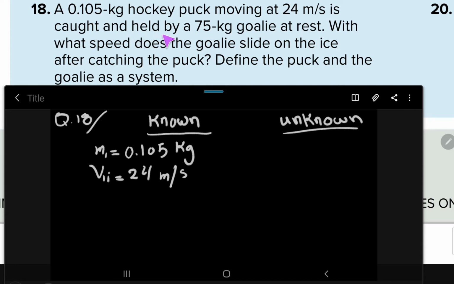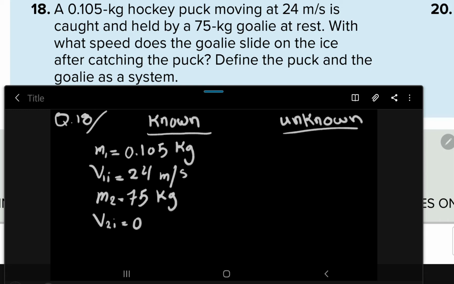It is caught and held by a 75 kilogram goalie at rest. So the second mass, m2, equals 75 kilograms. Since the goalie is at rest, the velocity v2 initial is equal to 0.